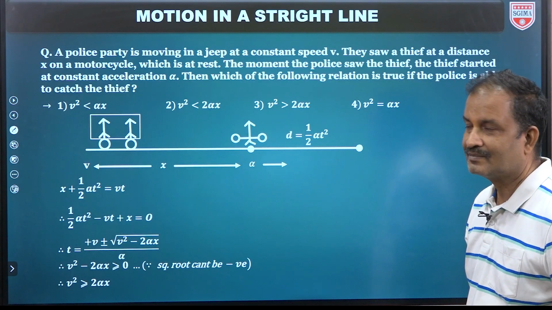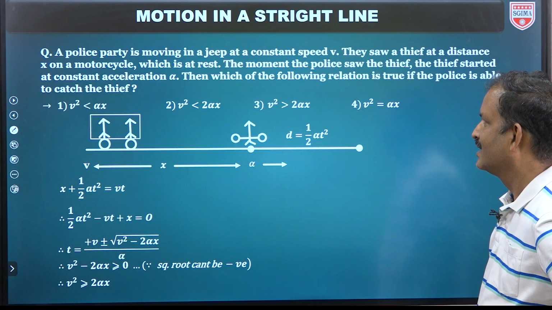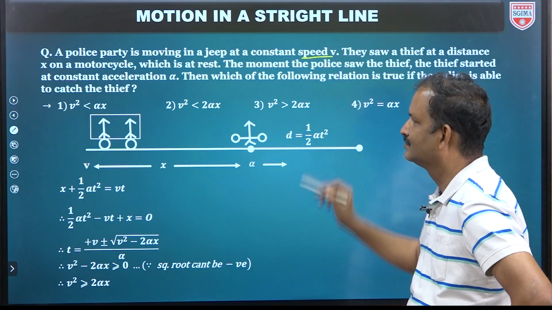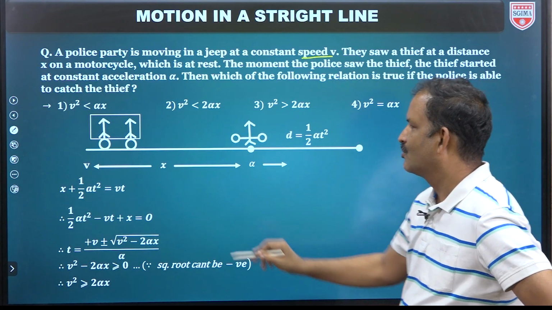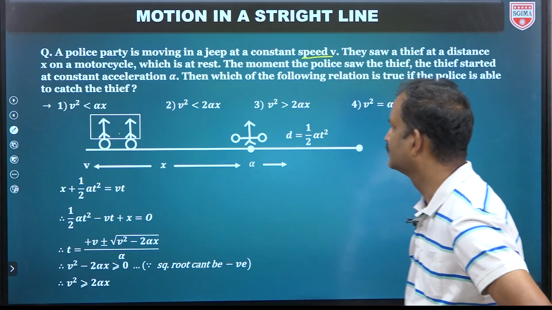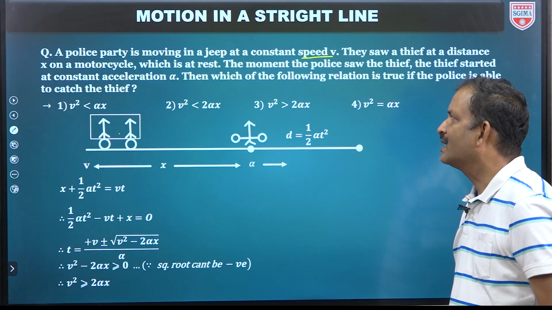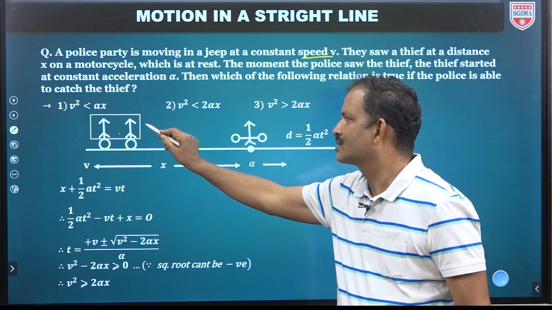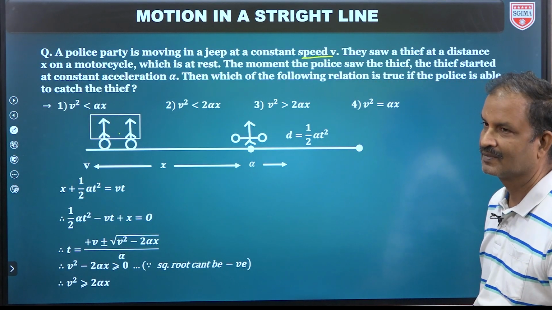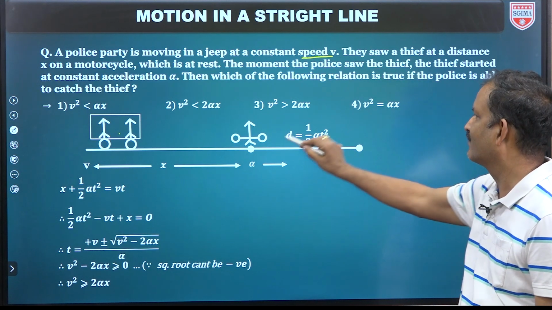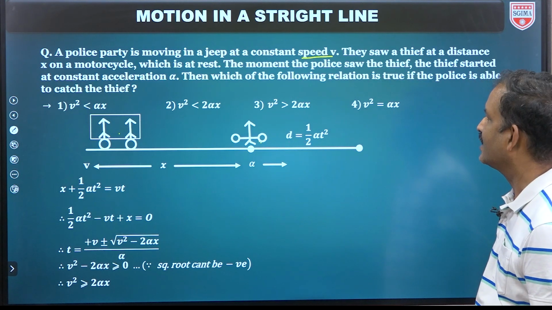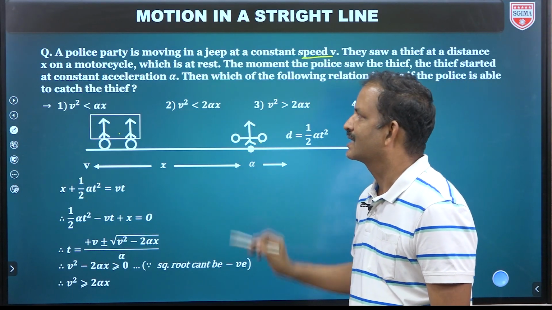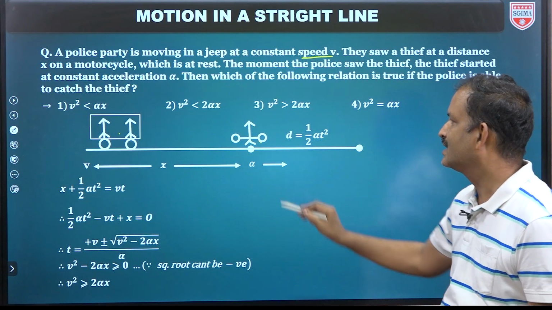See, a police party is moving in a jeep at constant speed v. This is a police party moving in a jeep at constant speed. The police goes at constant speed. They saw a thief at a distance x on a motorcycle which is at rest.